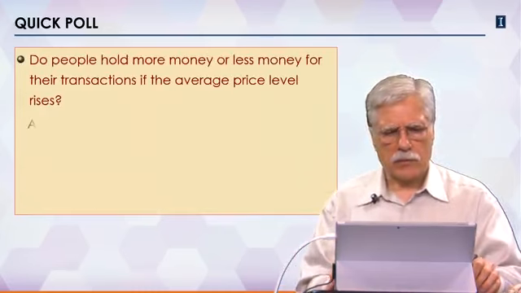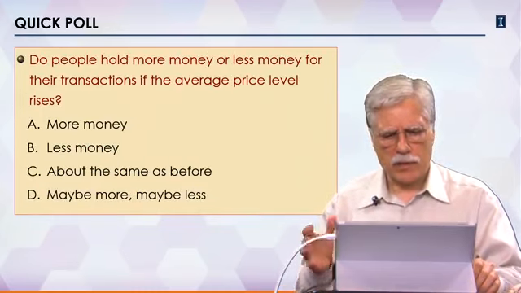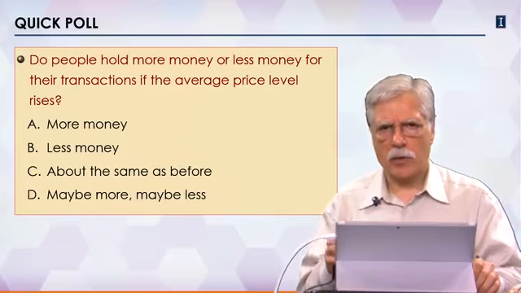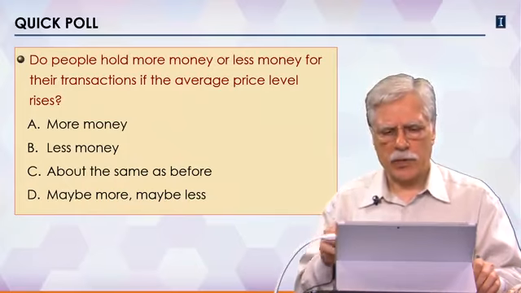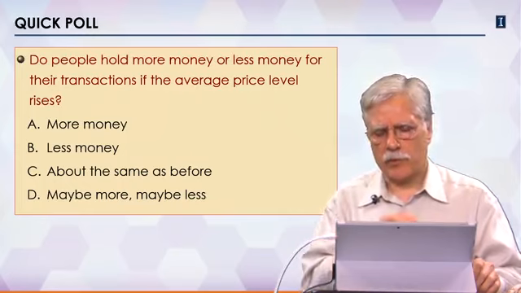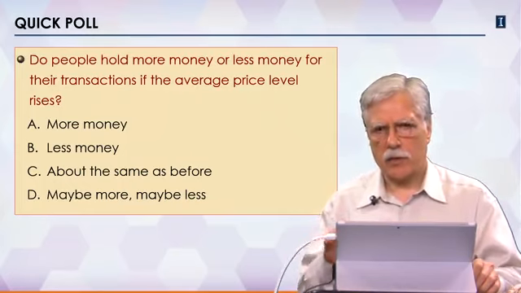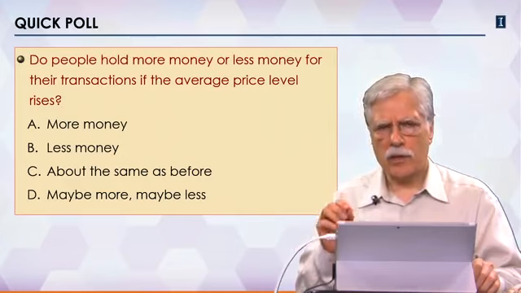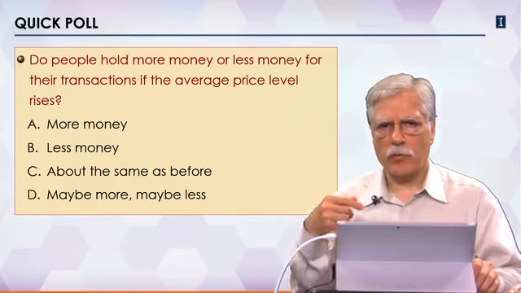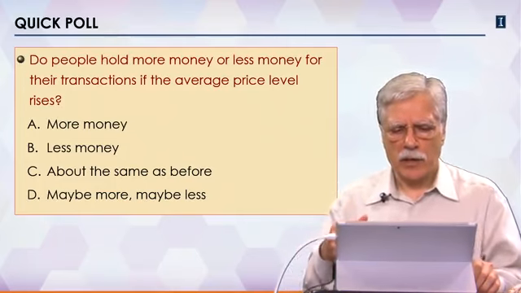Now let's answer a similar question, but this time looking at an increase in the price level. So assume the real income is given, assume interest rate is given, other things are given. The only thing that is changing is the price level. You have to pay more for every product that you buy.